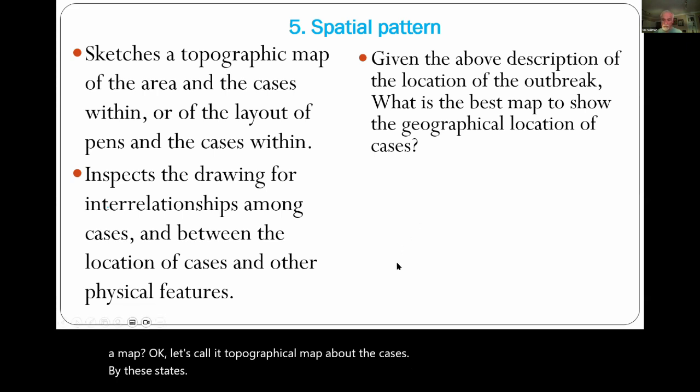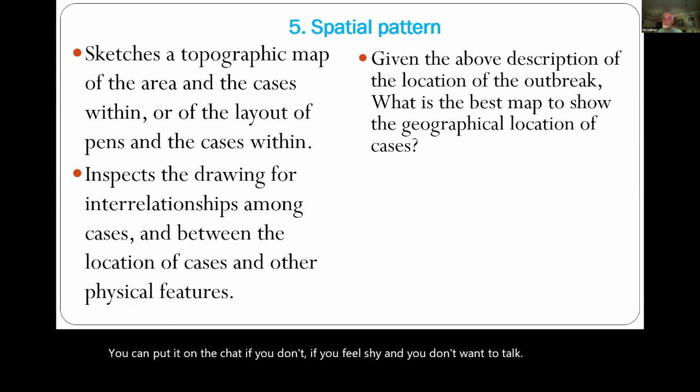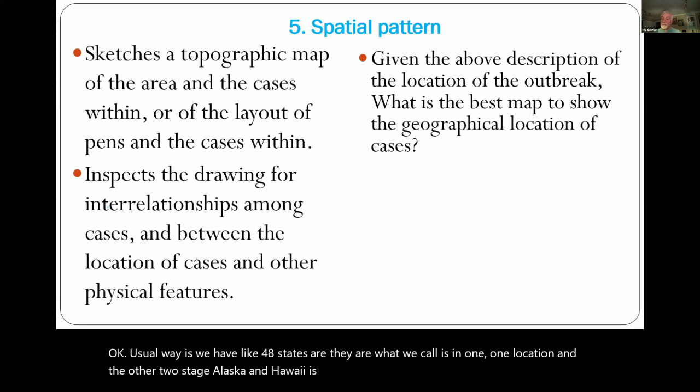You can put it in the chat if you feel shy and you don't want to talk. Okay, the usual way is we have 48 states in one location, and the other two states, Alaska and Hawaii, are separate from these 48 states.